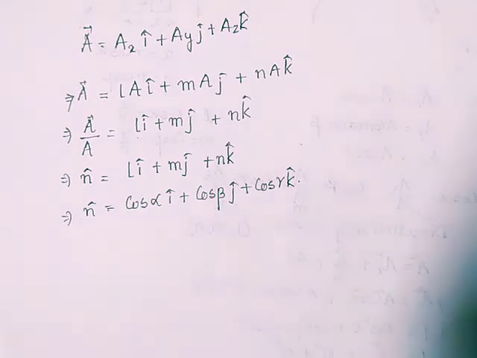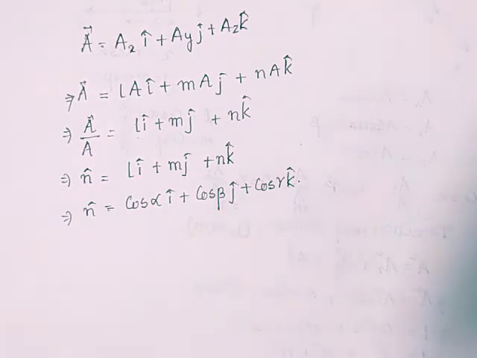Before that, in terms of solving numericals, we have denoted the vectors in terms of their components, just like a vector equals ax i cap plus ay j cap plus az k cap, and the b vector can be denoted as bx i cap plus by j cap plus bz k cap.